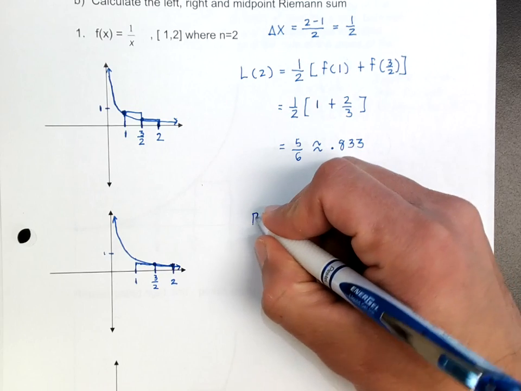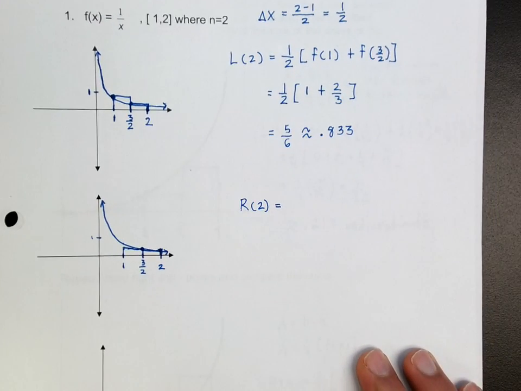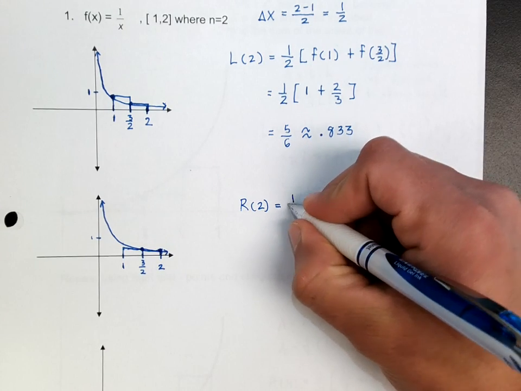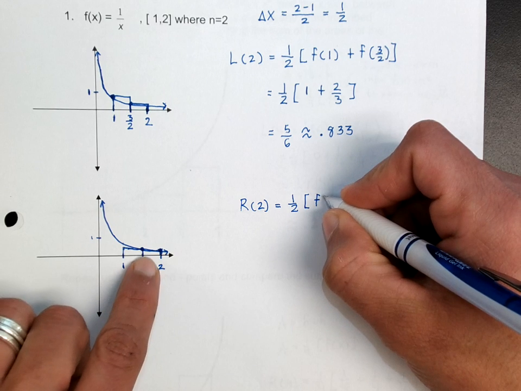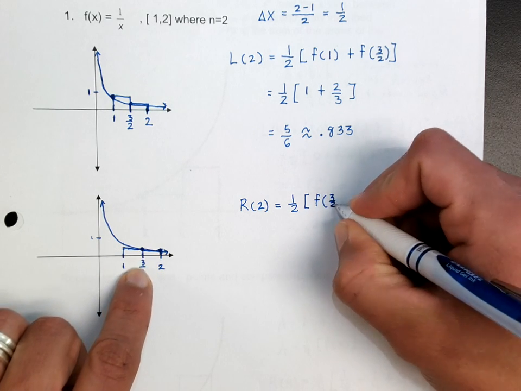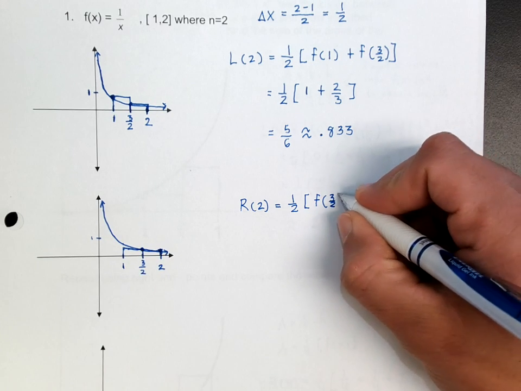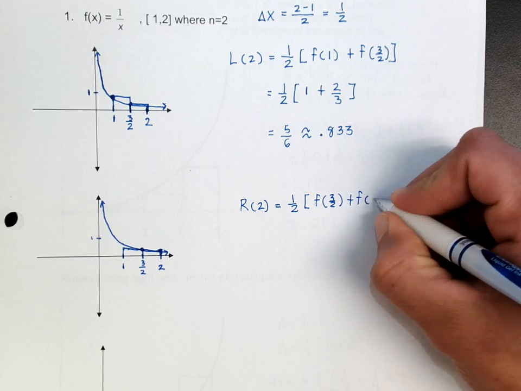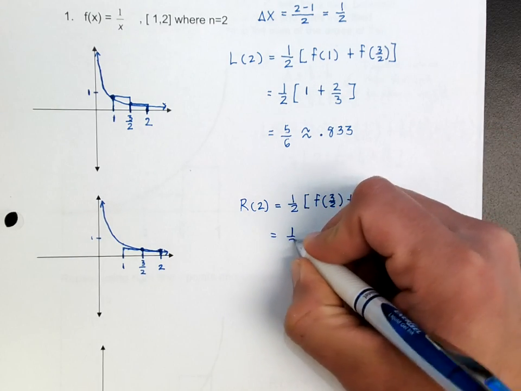On this one we have the right sum, and remember that the 2 just represents 2 intervals. So this is equal to 1/2 times f of 3/2, the right endpoint of the first interval, plus f of 2, the right endpoint of the second.